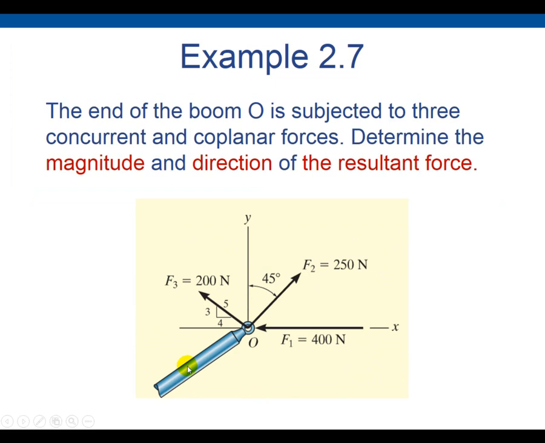The last example is that there are three forces acting on the boom O. Determine the magnitude and the direction of the resultant force. So basically, what we are going to do is express each force in terms of x and y direction in Cartesian vector notation and make a summation for all x and y components of each force to find the resultant force. And then we can calculate the magnitude and the direction of the resultant force.